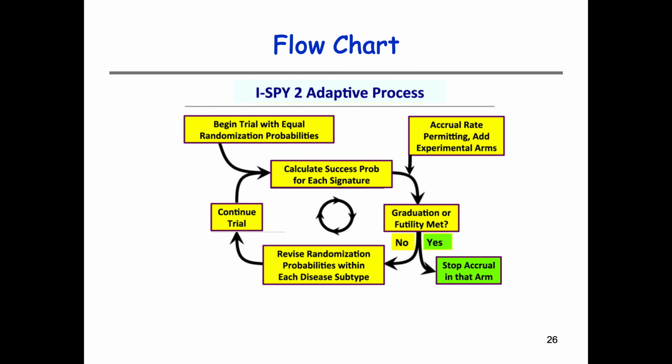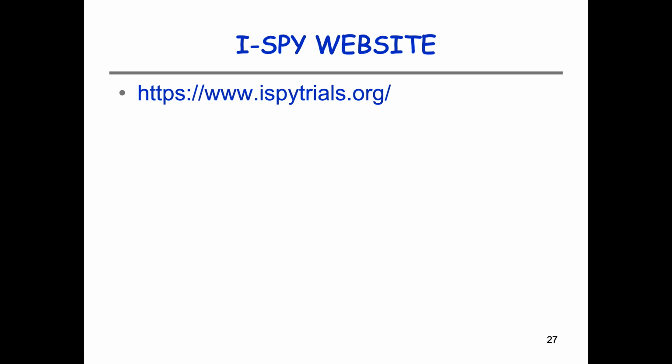And then we go back again, graduation or futility, and this goes on. And you see in the upper right-hand corner, accrual rate permitting, we add experimental arms as sponsors contribute new candidates. And there may be 5 or 6 experimental arms working at the same time.